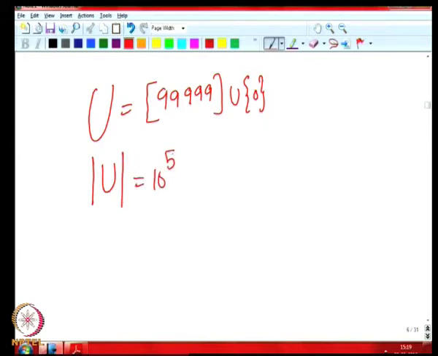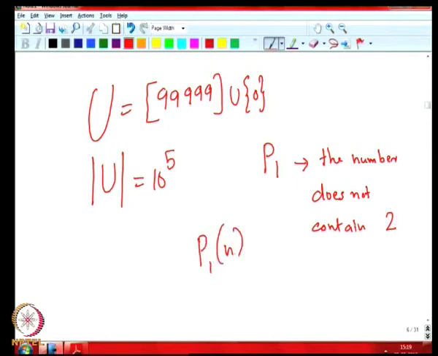And now we will define certain properties. P1 is the property that the number does not contain 2. So, for instance, when I say P1 of n, that means this number n, when you write it out, does not have the digit 2 in it, right. For instance, P1 of n will be satisfied by this number or maybe this number, right.